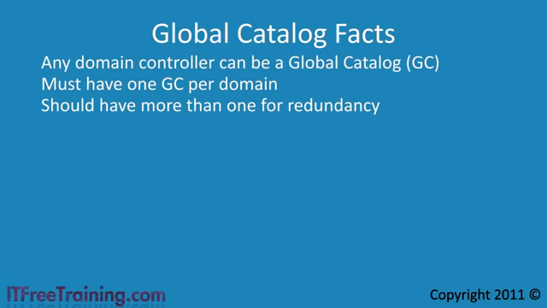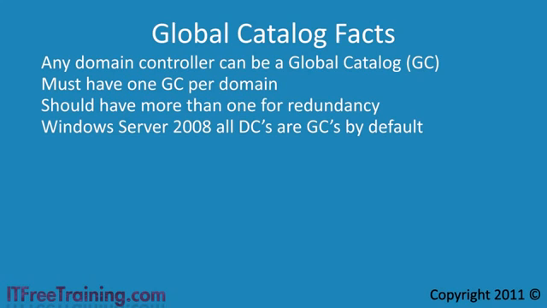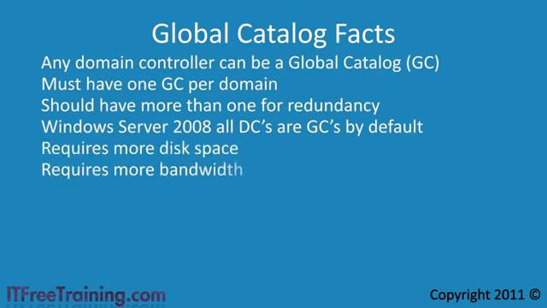To make things as simple as possible, there is nothing stopping you from making all your domain controllers into global catalog servers. In fact, Windows Server 2008 by default will make a new domain controller into a global catalog server when it is promoted. The disadvantage to having more global catalog servers is that they require more disk space and more bandwidth.